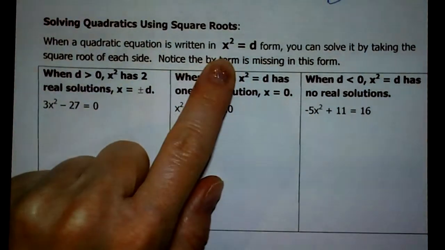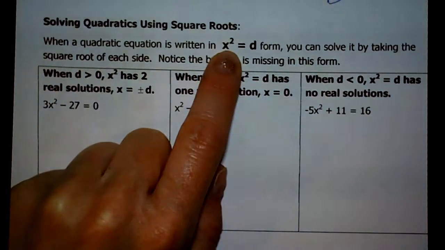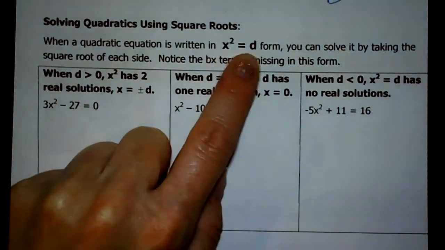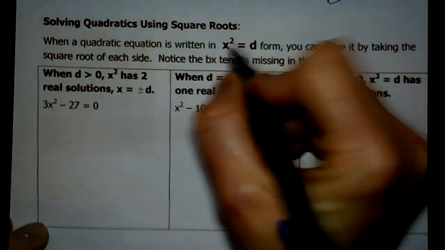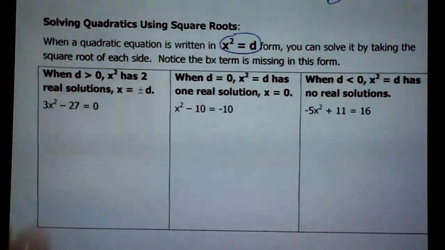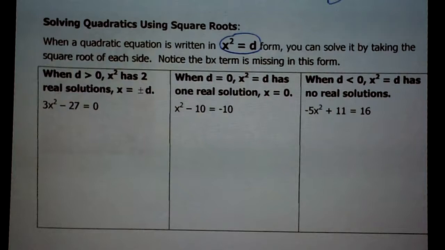Well, if you see a quadratic equation where all you have is an x squared equaling something, the easiest way to solve it is by using square roots. The method that I'm showing you today works best when the equation is written in that form, or can easily be written in that form. So notice there's not a bx, right? The bx term is missing when you want to solve it this way.